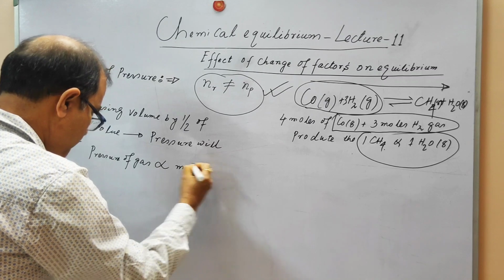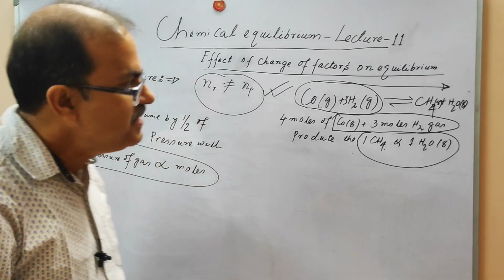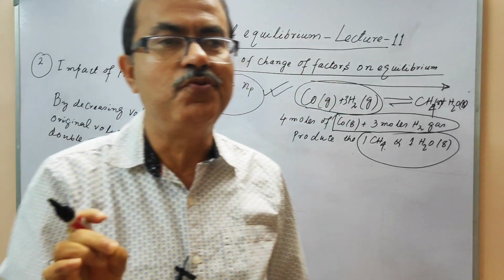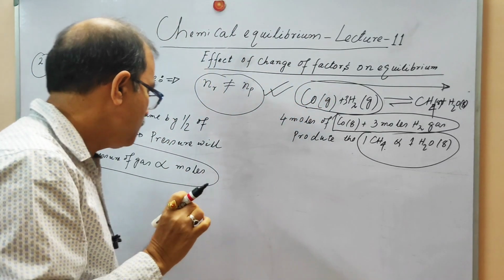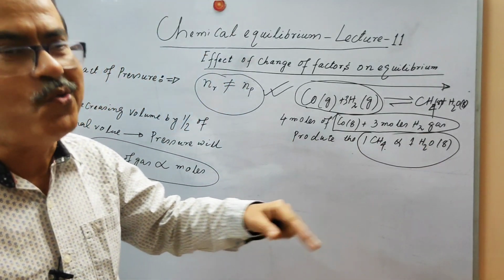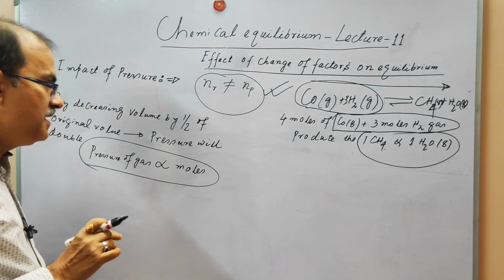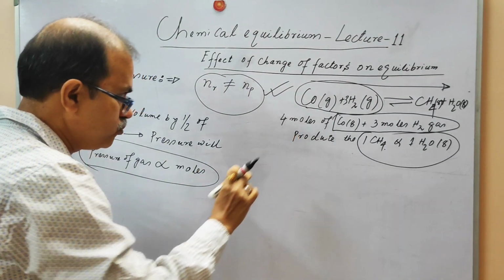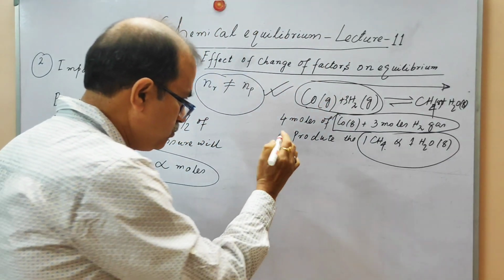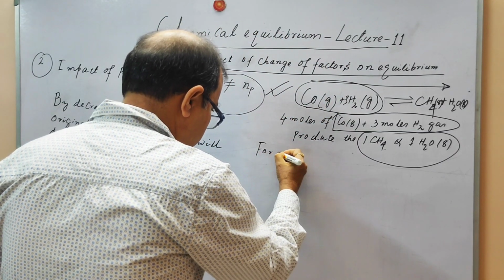When the moles are reduced, the pressure will be reduced. So the reaction will go in the direction where the pressure is reduced, from higher moles to lower moles. So we can say the forward reaction will be preferred.